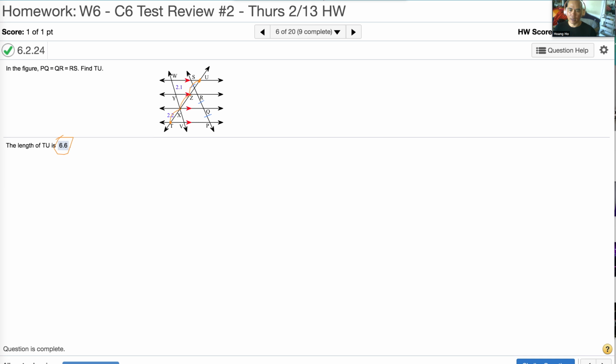Okay. Let's do a similar question. So they give you a set of parallel lines, and again PQ equals QR equals RS. So these sets of 4 parallel lines will intercept any transversal into 3 equal parts.